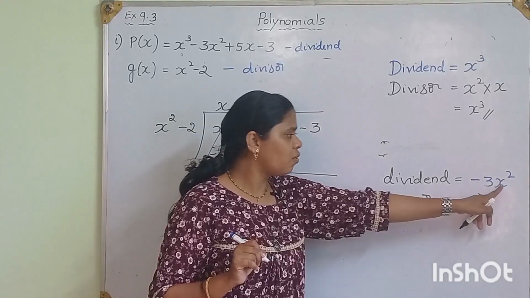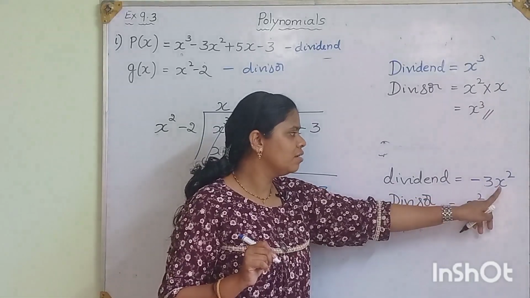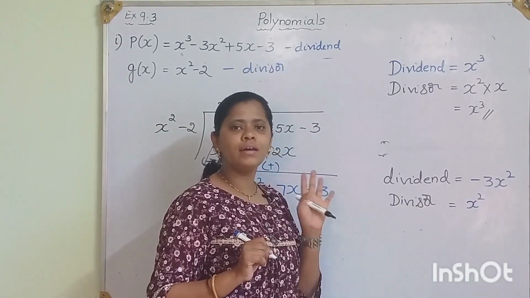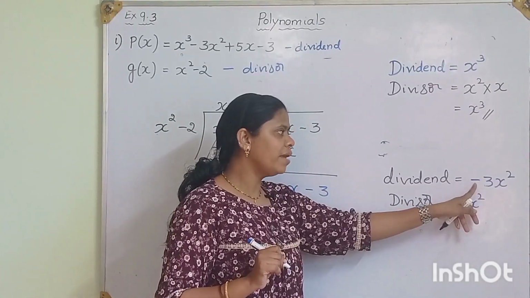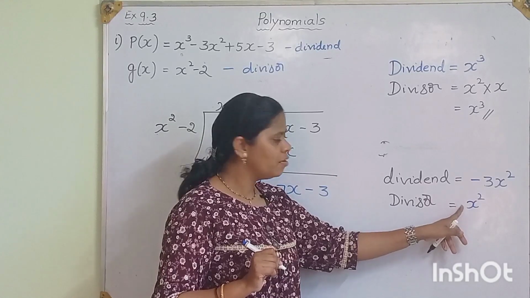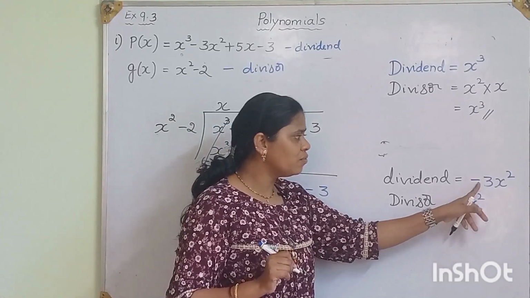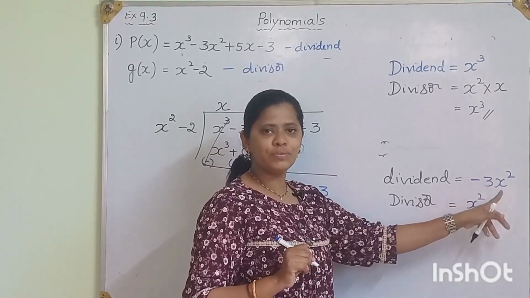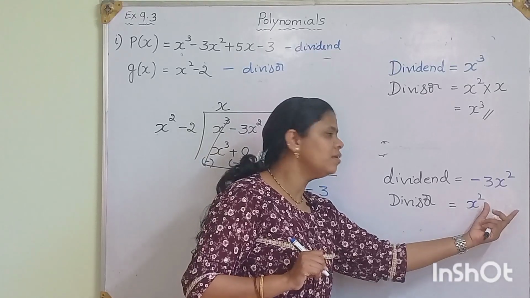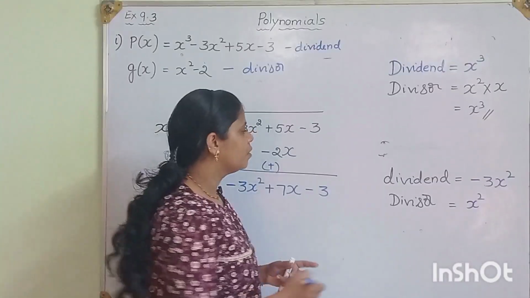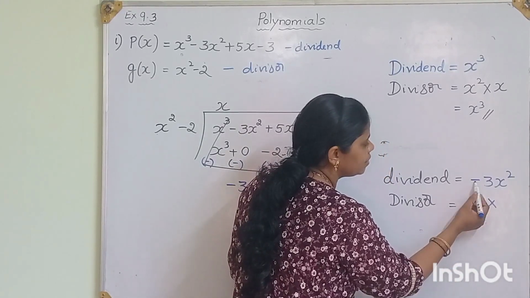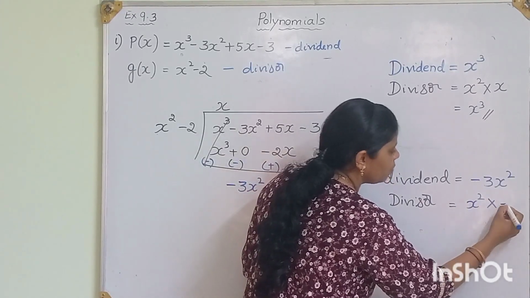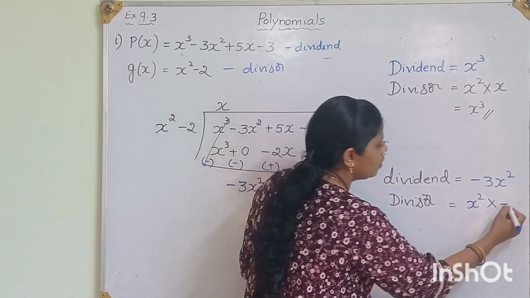X square is already there, so no need to multiply the variable. Only 3 and the minus sign, because we have a plus sign here. We have to get minus 3x square, so we will multiply minus 3.